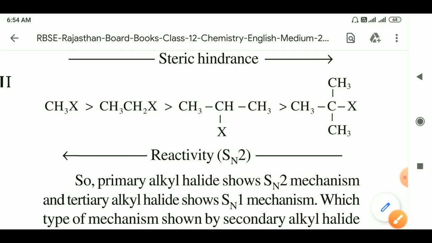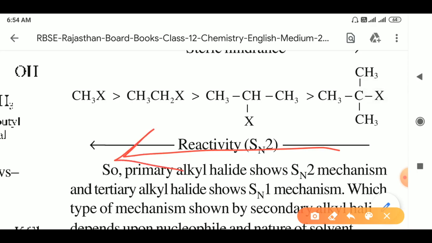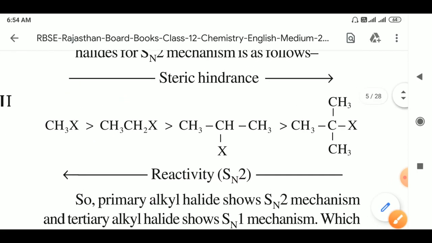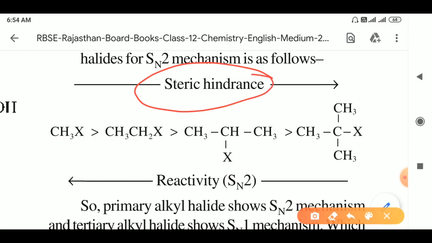See here, the reactivity order increases from 3 degree to the methyl group. How is it possible? What do you mean by steric hindrance? Steric hindrance means a barrier.